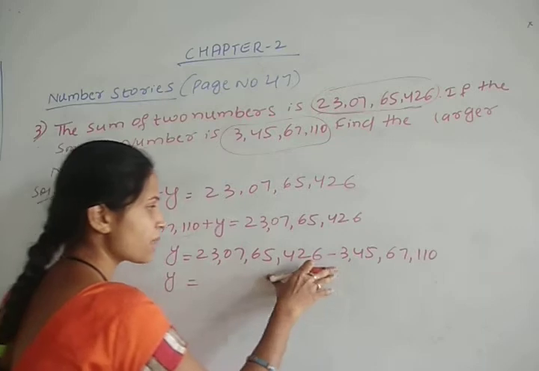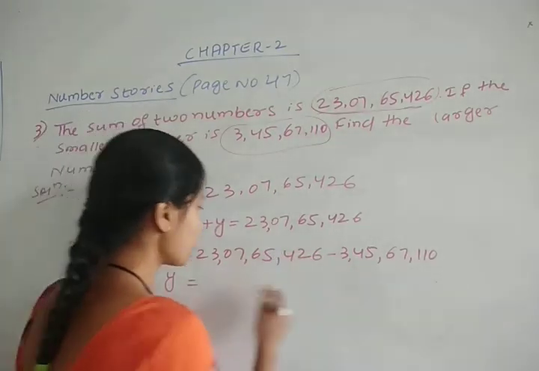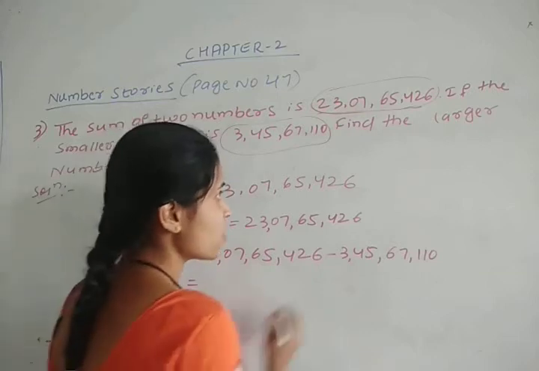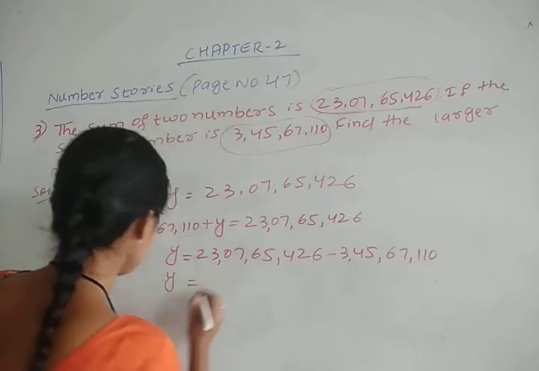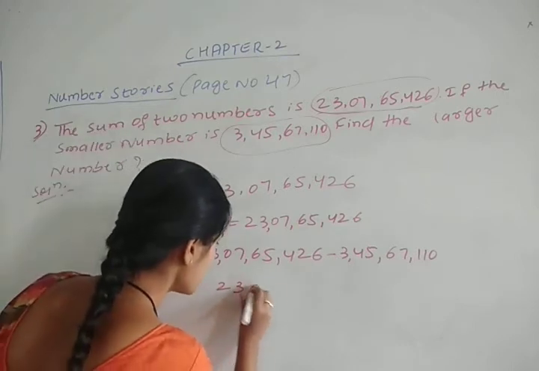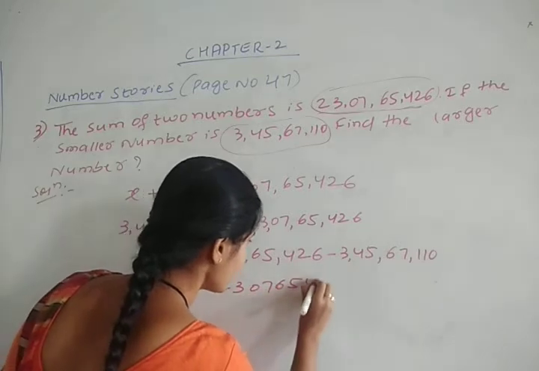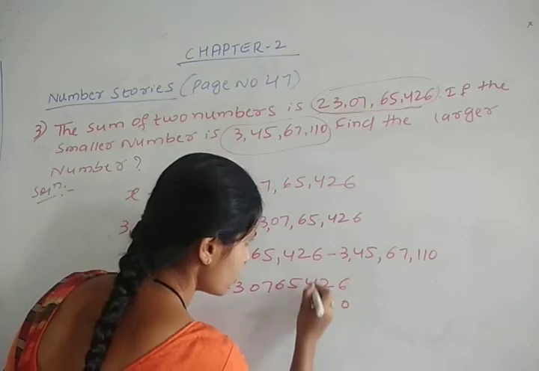Now let us subtract these two. I will subtract by writing these two numbers in column form. Now I will write them here. 23076546. I will write this number below.